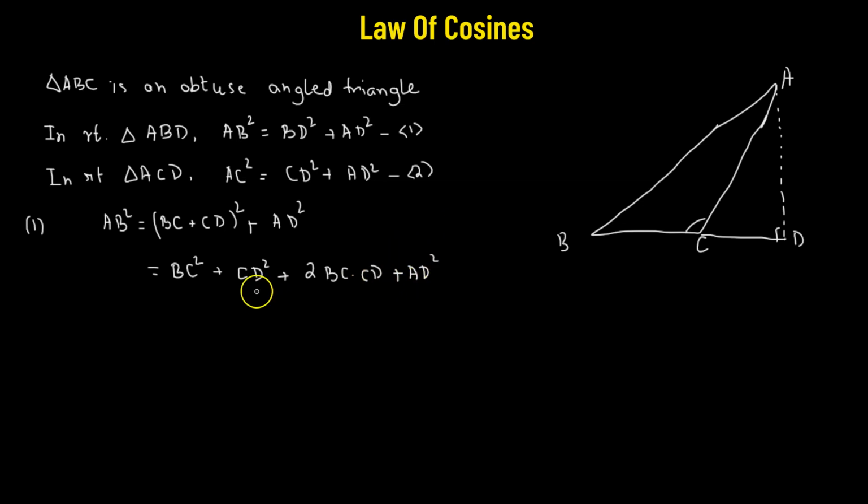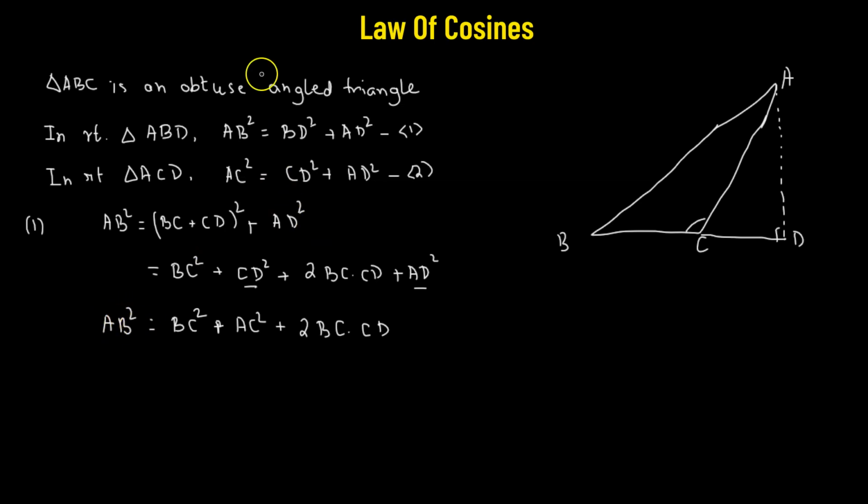Now we have CD squared added to AD squared, so we can replace it with AC squared as given in equation number 2. So we get BC squared plus AC squared. We combine the second and the fourth term, and we're left with the third term, which is 2 times BC times CD. So this is the value of AB squared.